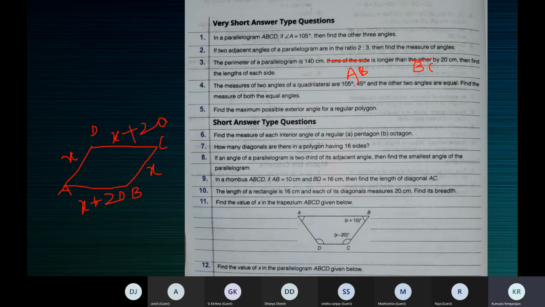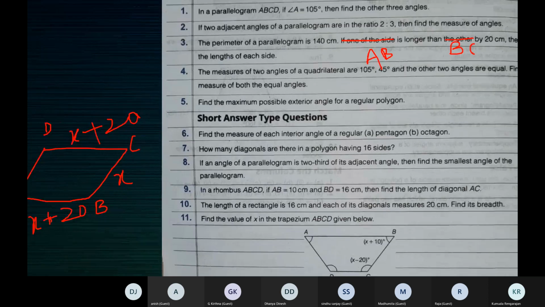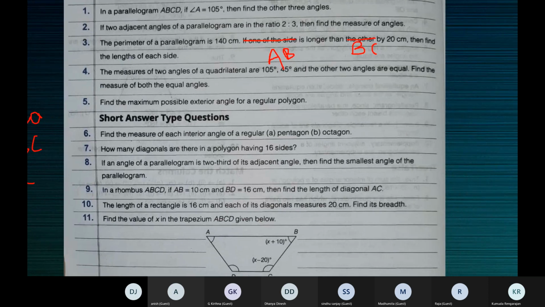Okay, work the seventh one. 7 and 8. Ma'am, 104, ma'am.